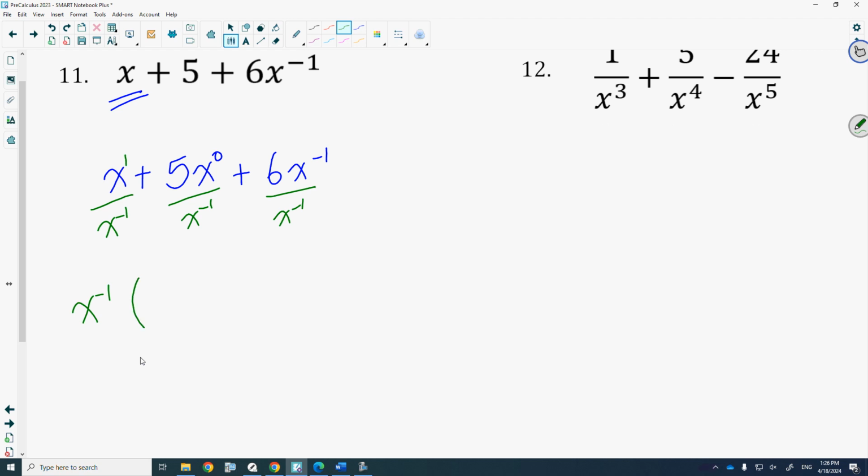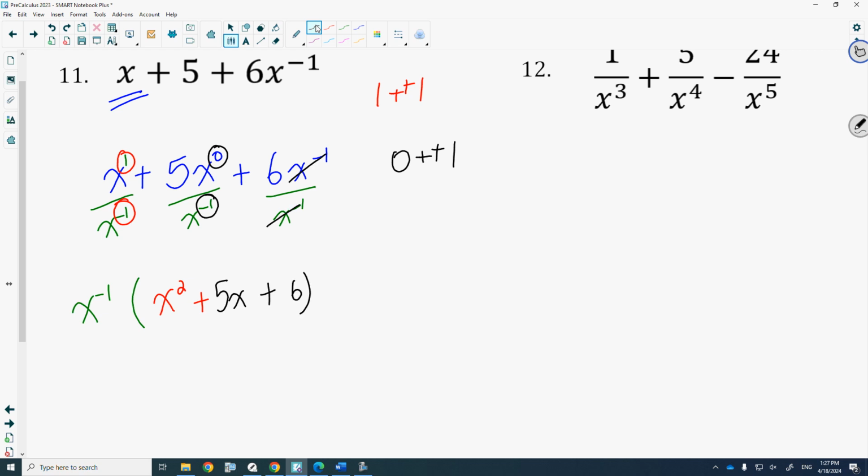And what I have is x to the 1 minus minus 1. That's going to give me x squared plus, over here, I've got 0 minus minus 1. That's going to give me 5x plus, this will cancel, and I'll have a 6.